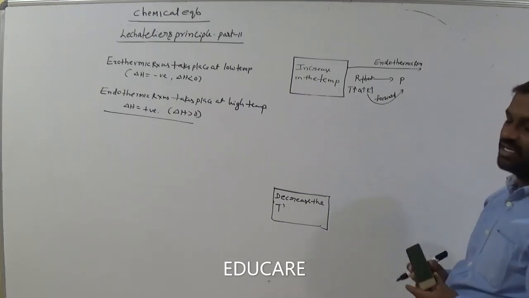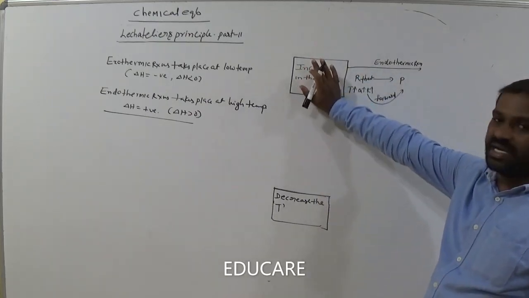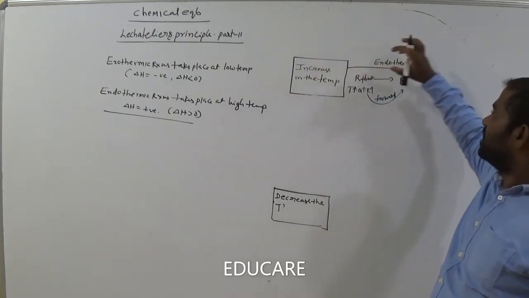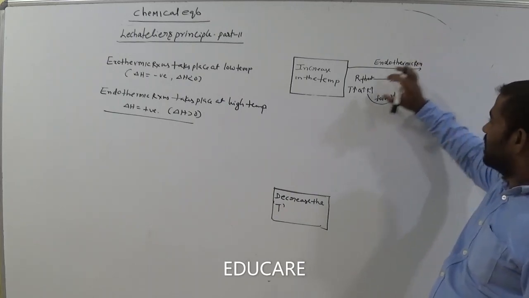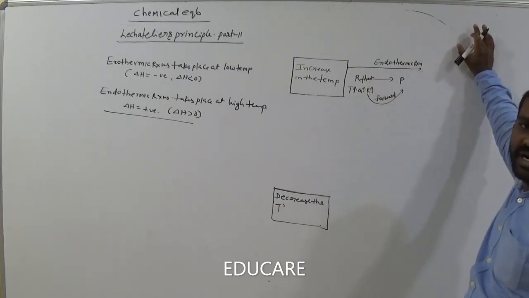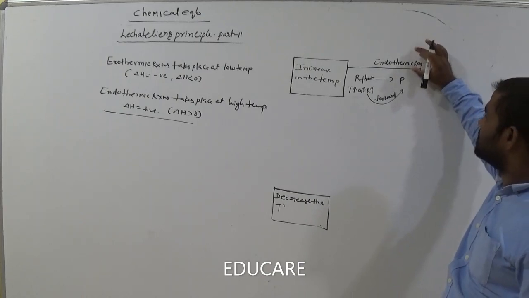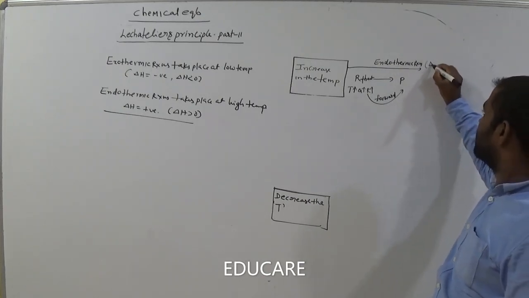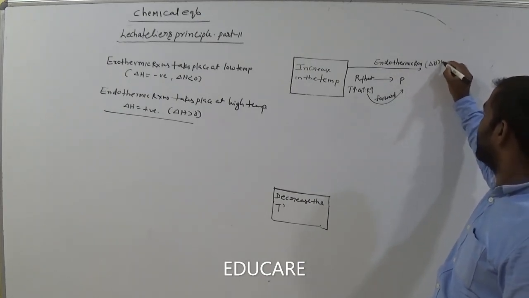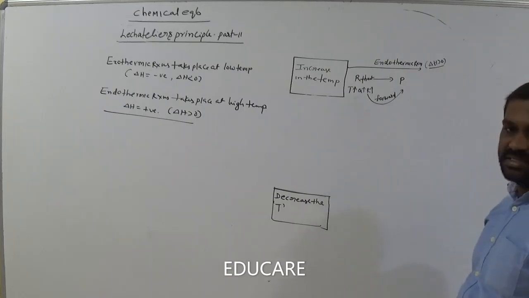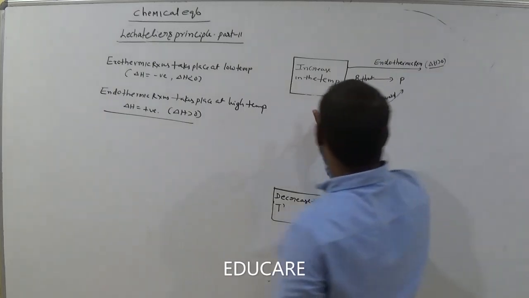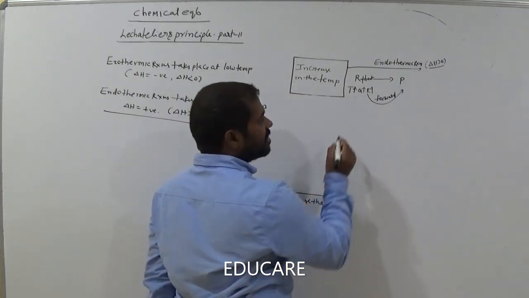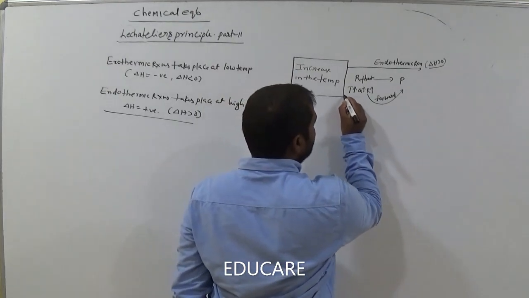Forward direction. So if increasing the temperature of a system and that system is an endothermic reaction, then the direction is forward. Which system is it? Endothermic. That means delta H is greater than 0. Is it clear?